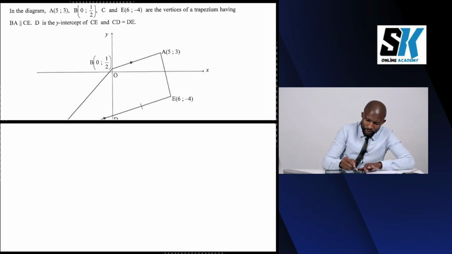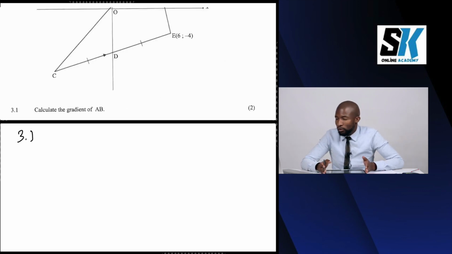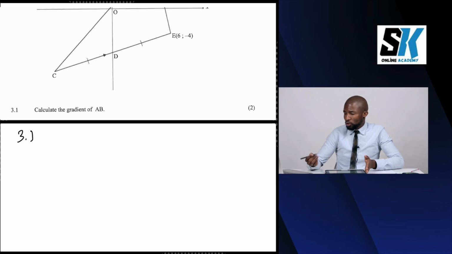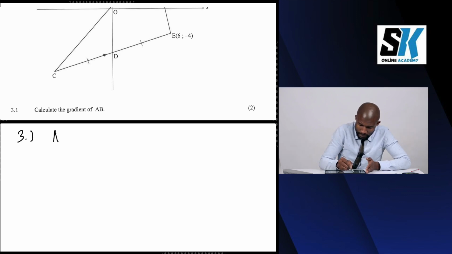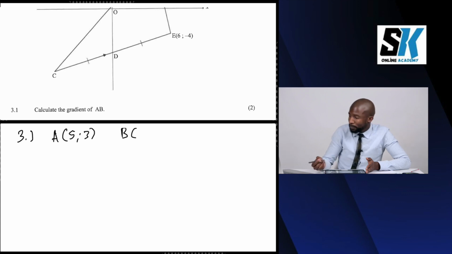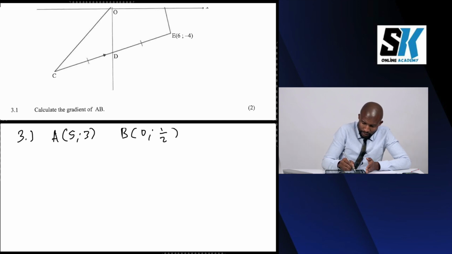So the first one in question 3, which is 3.1, says calculate the gradient of AB, which is very easy. They already gave you the coordinates, so I'm just going to write them down. The coordinates of A are (5; 3). Then the coordinates of B are (0; 1/2). To get the gradient, we know that the gradient is equal to y2 minus y1 all over x2 minus x1.